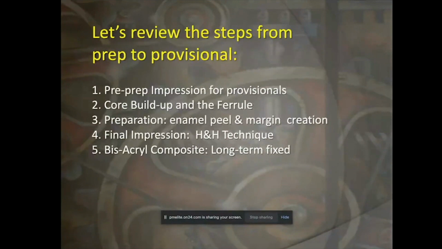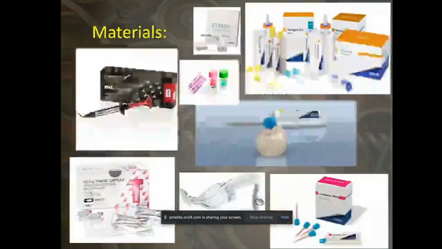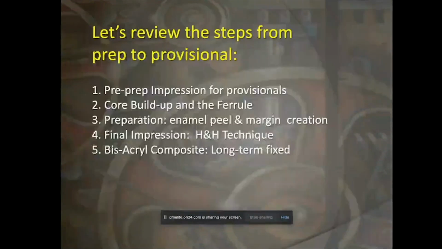Then we're going to talk about the core buildup and what's called the ferrule. Preparation, which is the enamel peel technique and margin creation. And that'll be followed by some final impressions.